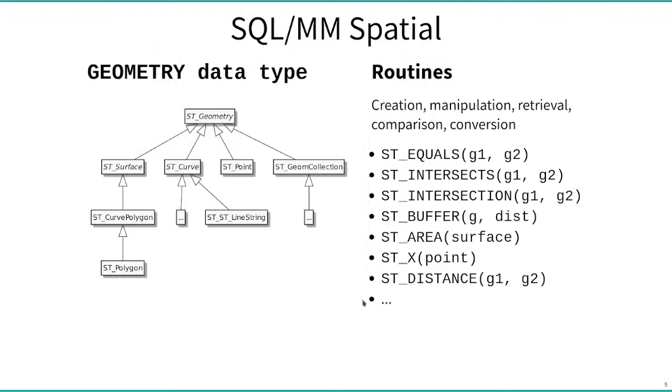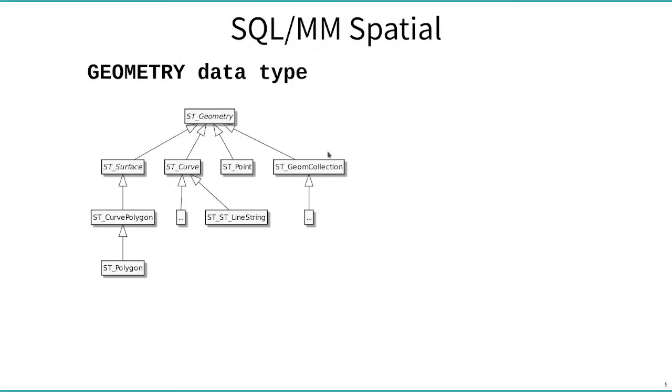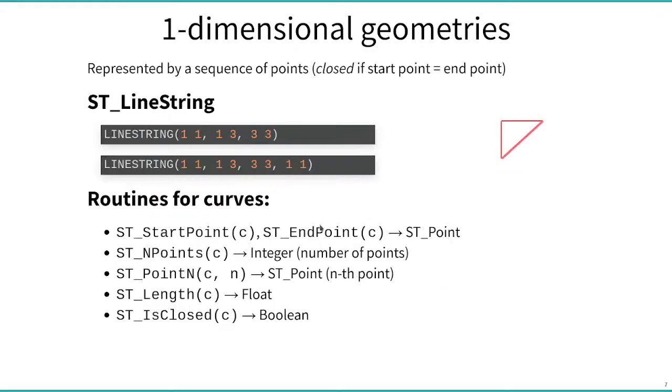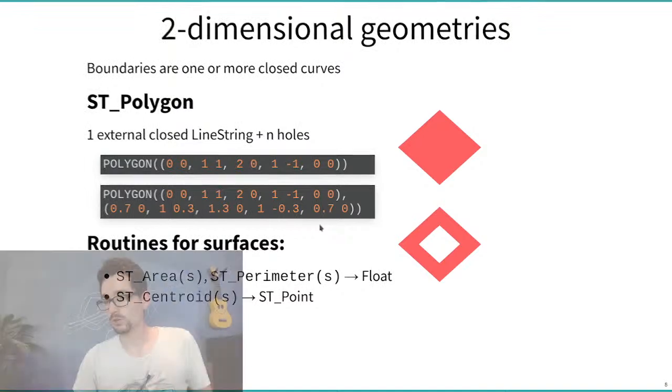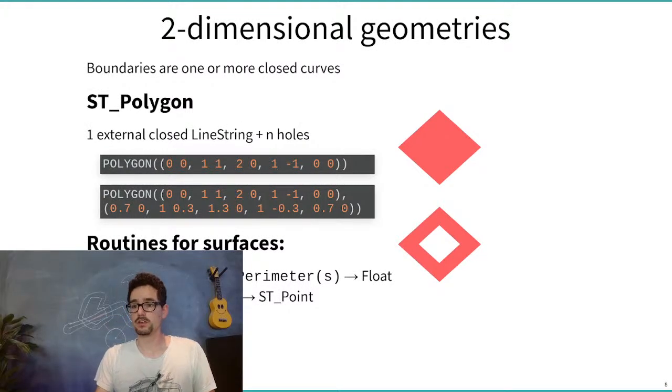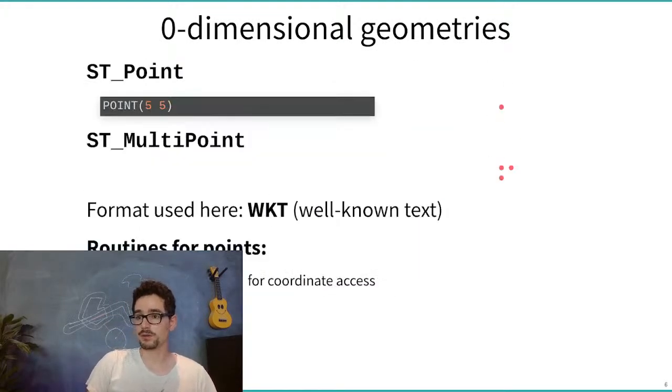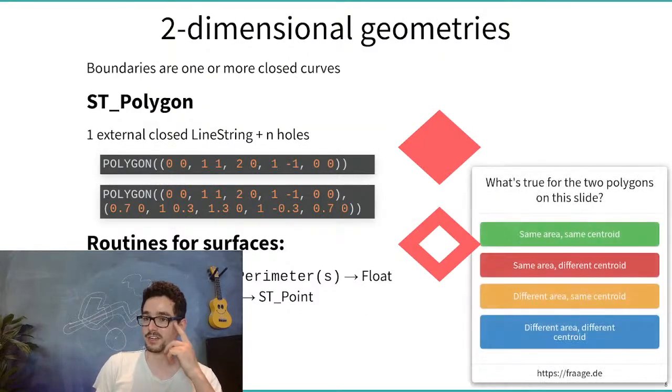And when I go back to the type hierarchy, there in the geometric collection, I just wrote multi-polygon, multi-point, multi-line string, and so on. Write me in the chat, what would you say is the geometric data type? So here's again the, oh, it's not complete, so I don't show this slide.